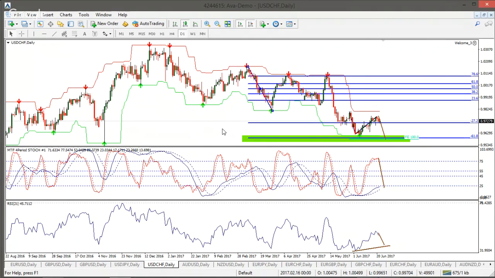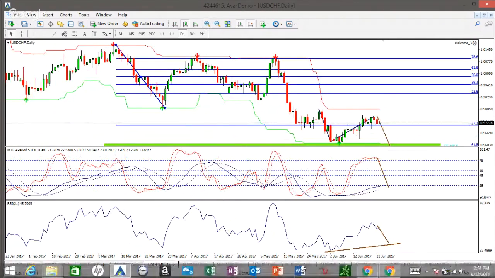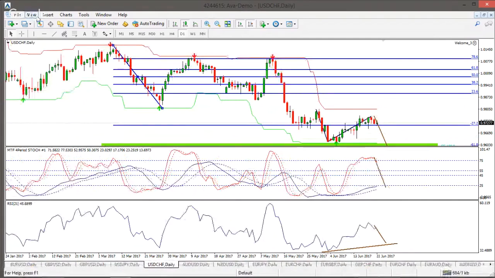Okay, and I think one other idea I was thinking about, I don't know if it's necessary, but let's say it tested this level and I'm buying, as you sent me the template, it's about re-entering trades.